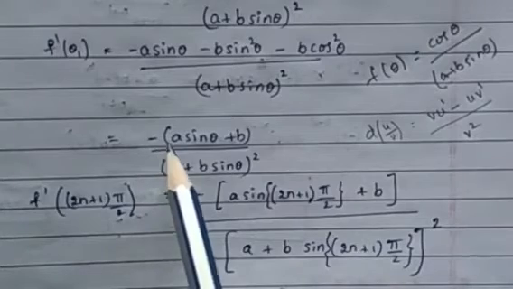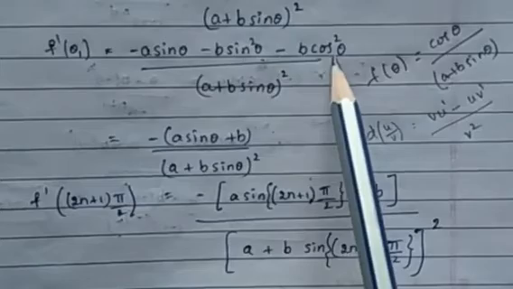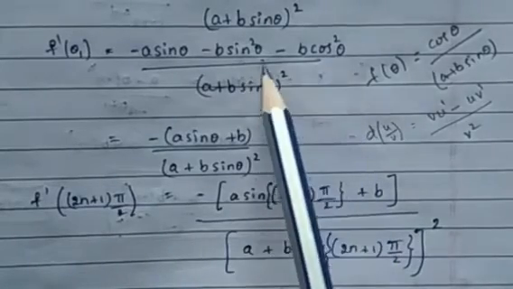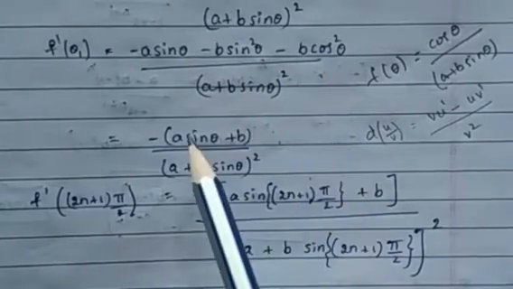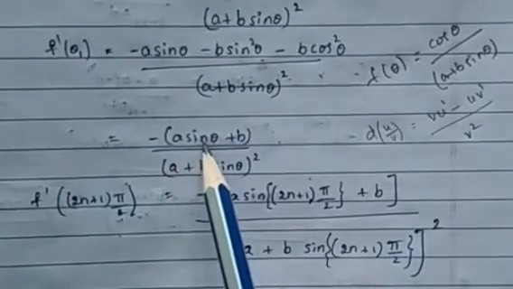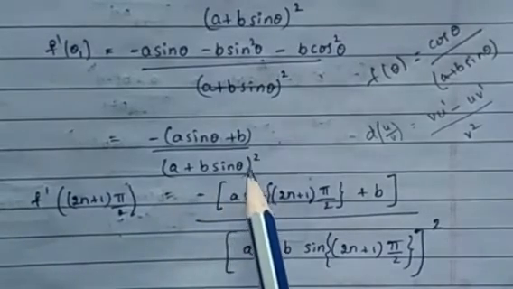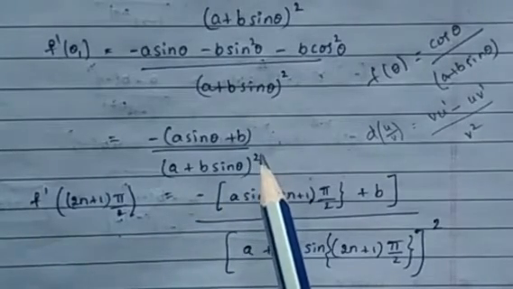Which is equal to, you take minus b as common, you get sin square theta plus cos square theta, which is 1. You get minus of a sin theta plus b by a plus b sin theta whole square.